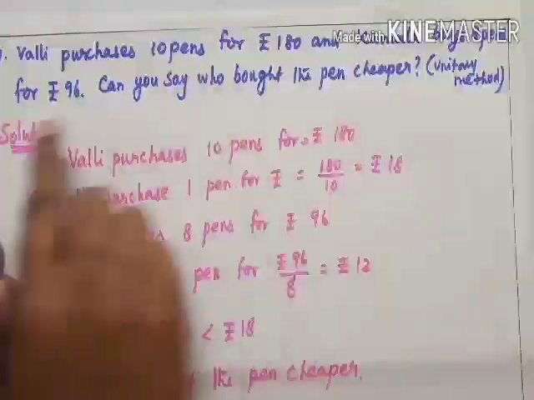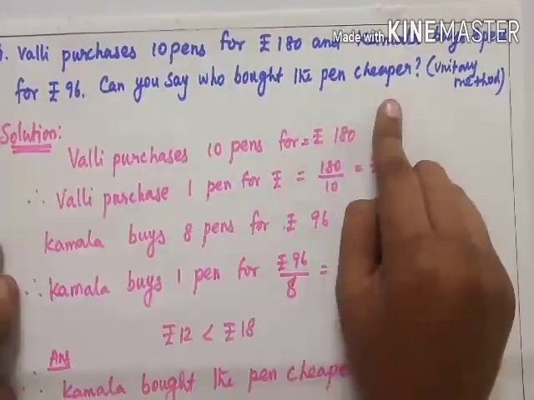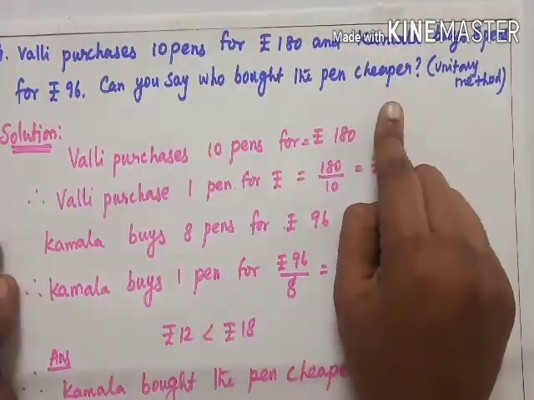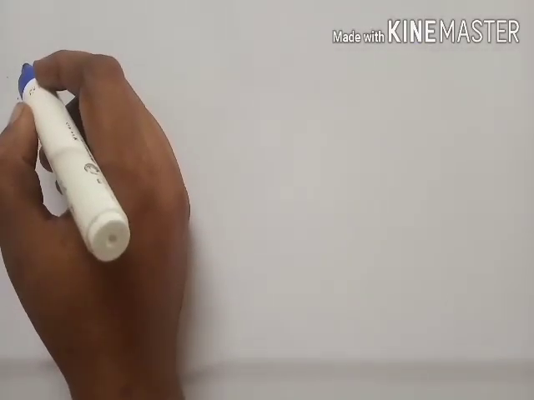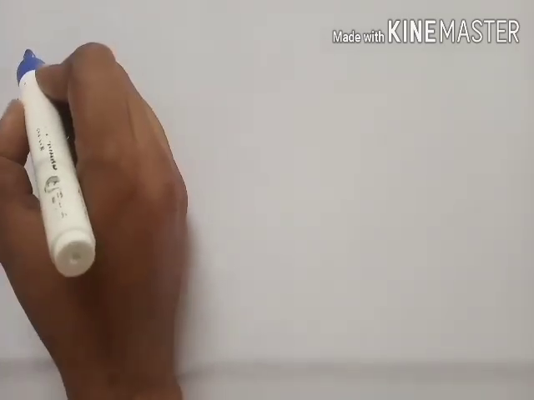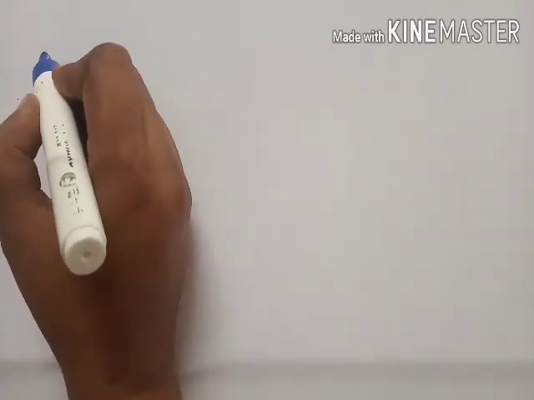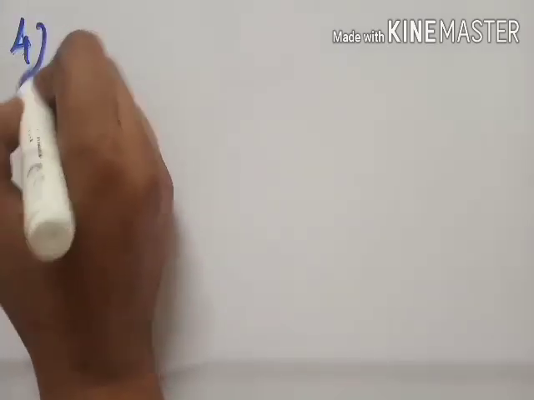Kamala buys 8 pens for 96. Can you say who bought the pen cheaper? Who bought the pen cheaper? So, using unitary method, I am going to find out one by one. That is cost of one pen. Vanli purchased how much rupees, and then I am going to find out Kamala's amount, right? First, fourth one, listen.